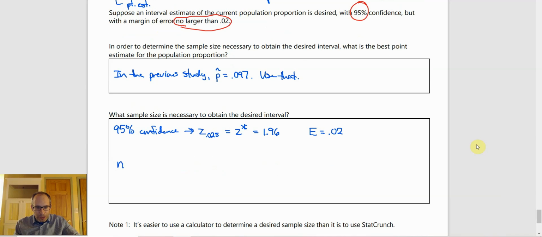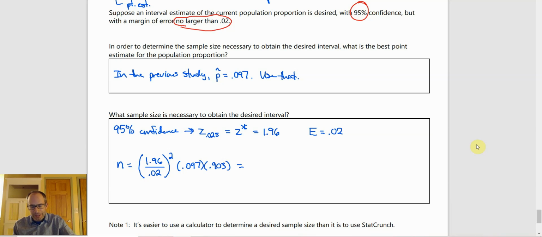Then if we're going to compute the desired sample size, it'll be 1.96, our critical value, divided by the bound on the margin of error, the 0.02, square that fraction, then times p hat, which is 0.097, times 1 minus 0.097, which is 0.903.